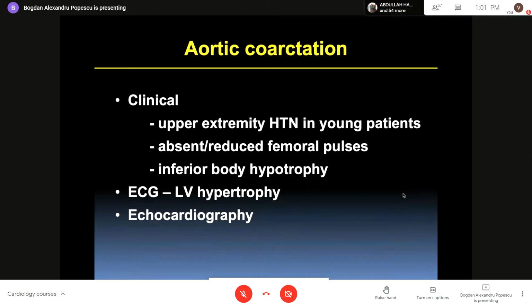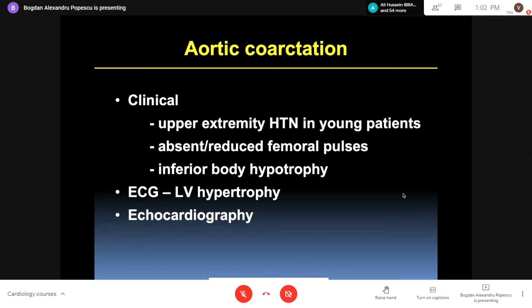Narrowing aorta? Sure. Yeah, so there is a narrowing at the aortic level, most commonly in the proximal part of the descending thoracic aorta. But sometimes you may have also abdominal coarctation. Basically, there is a narrowing at the aortic level, which, if severe enough, will create a higher pressure proximal to the narrowing and a lower pressure distal to the narrowing.